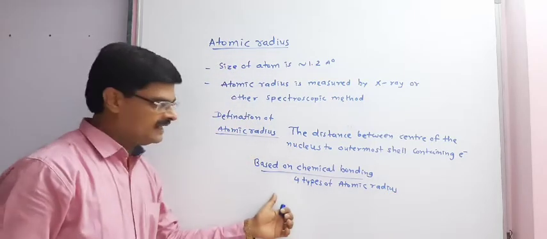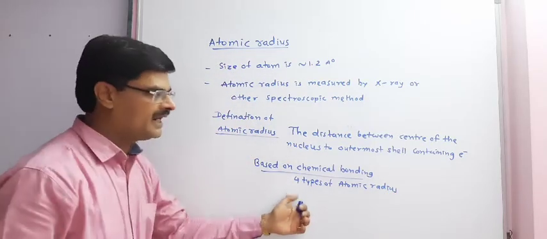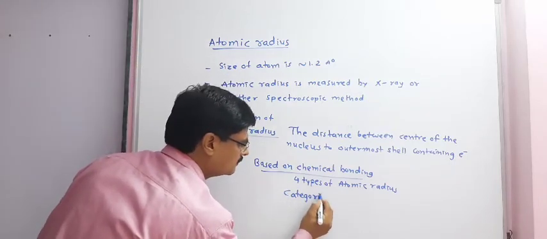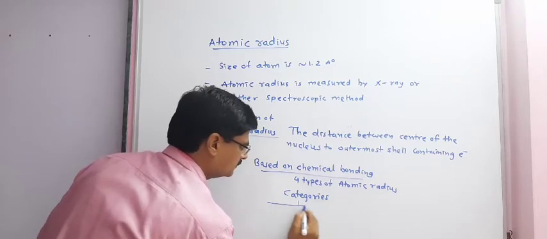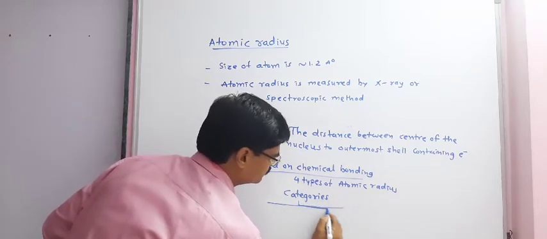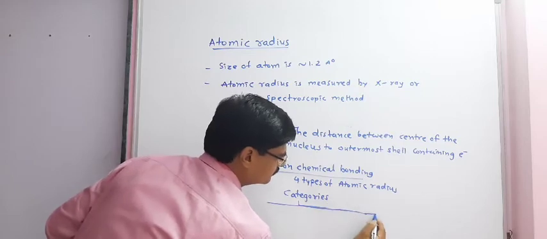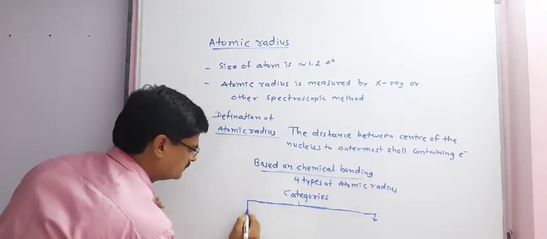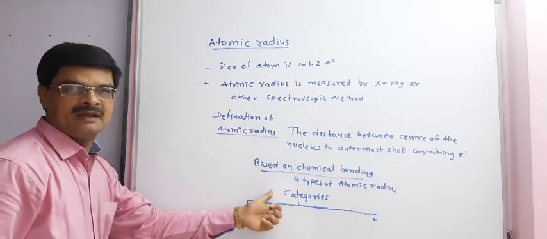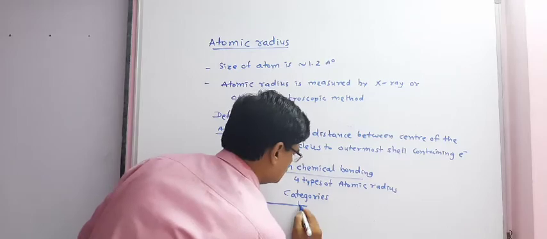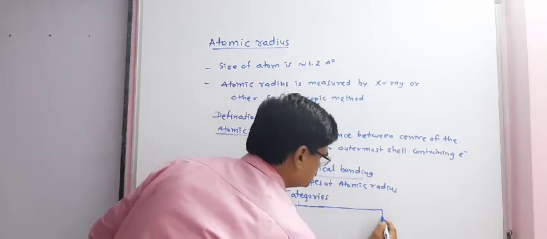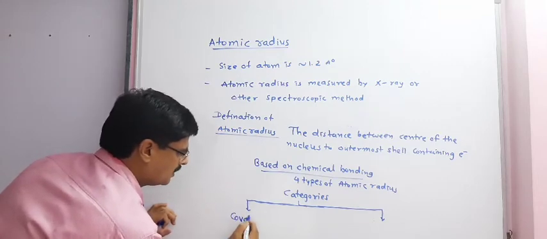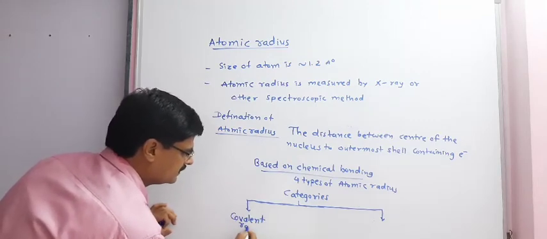So we can say there are 4 categories of atomic radius, and they are: First is covalent radius.